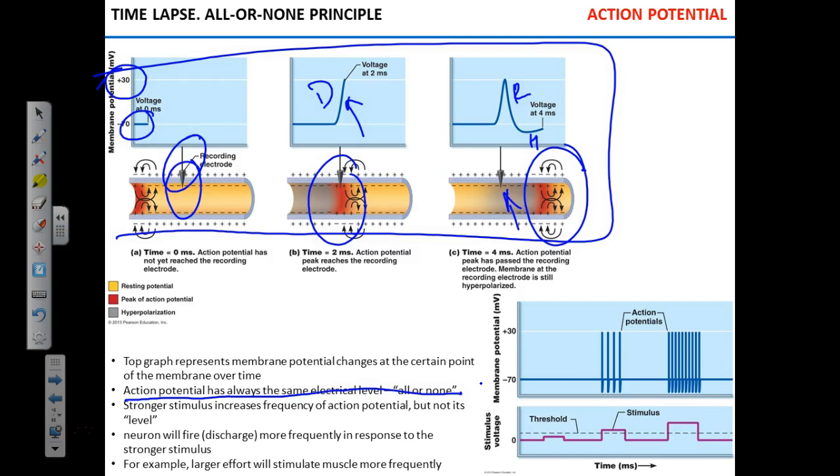So I can change the stimulus to the muscles, but the level of action potential doesn't change. So what happens is, based on the level of the stimulus, the frequency of action potentials is going to change. Does that make sense?